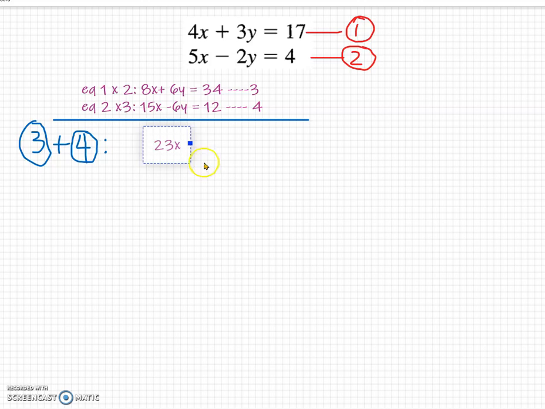Alright, we already established that 6y minus 6y is 0y. So that's 0 contribution out of those two terms. So now I have 34 plus 12, this will give me 46.